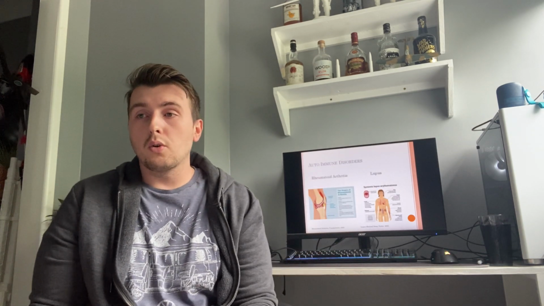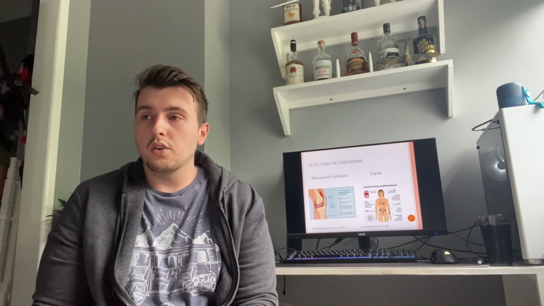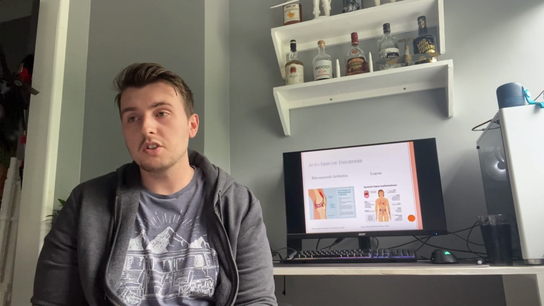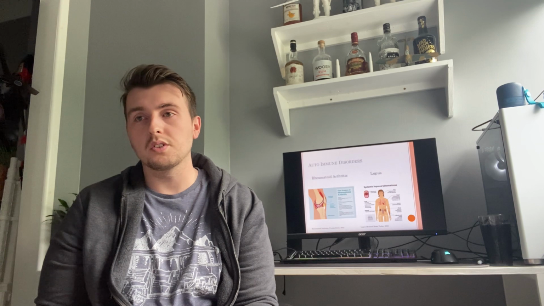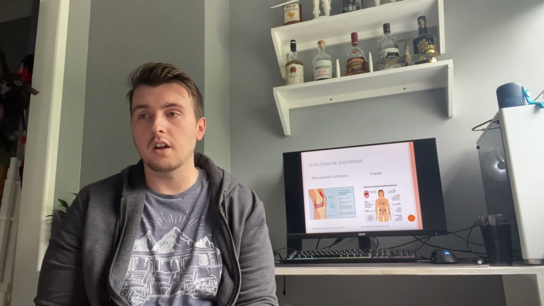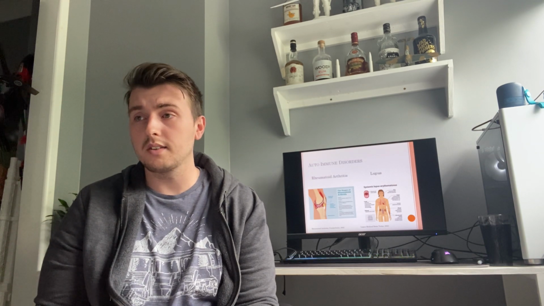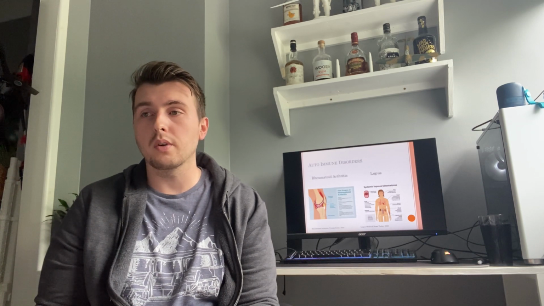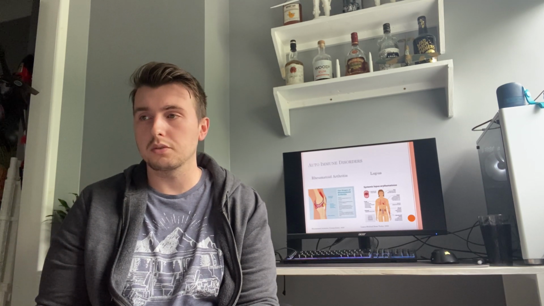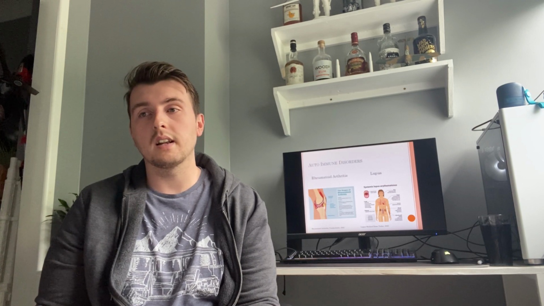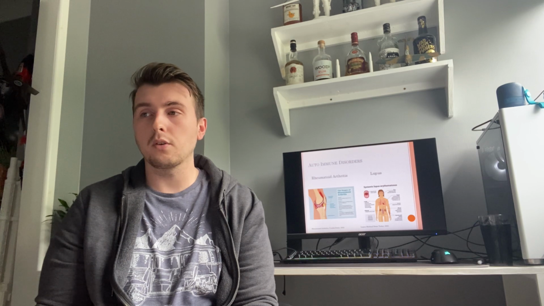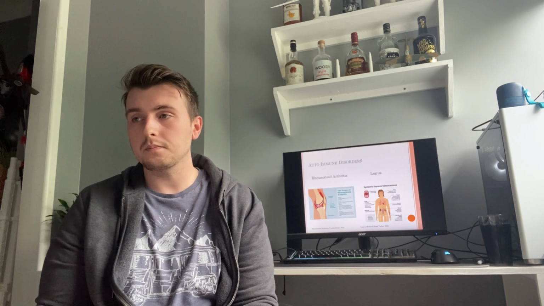Now we're going on to autoimmune disorders. The first disorder I'm going to talk about is rheumatoid arthritis. It's a condition where your immune system attacks its own joints. The main symptoms of rheumatoid arthritis are joint pain, swelling and stiffness, as well as problems affecting the joints. Some people with rheumatoid arthritis have more general symptoms such as tiredness and lack of energy, a high temperature, sweating, a poor appetite, or even weight loss.